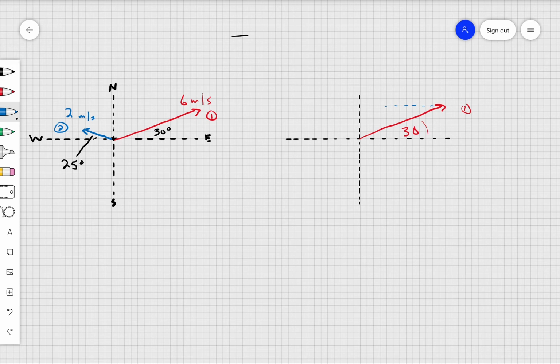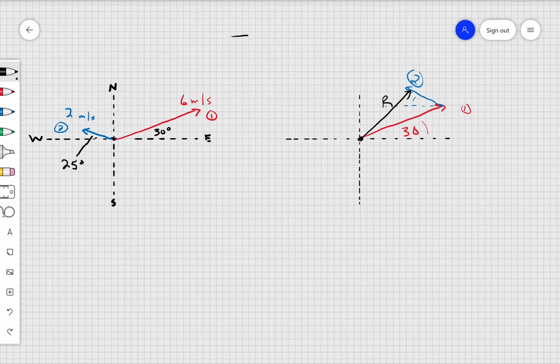So 25 degrees above that, from the head of vector 1, vector 2, where that angle is 25 degrees. Now, both vectors are laid down head to tail, so our resultant is from the origin to the head of the second vector. That's the resultant.